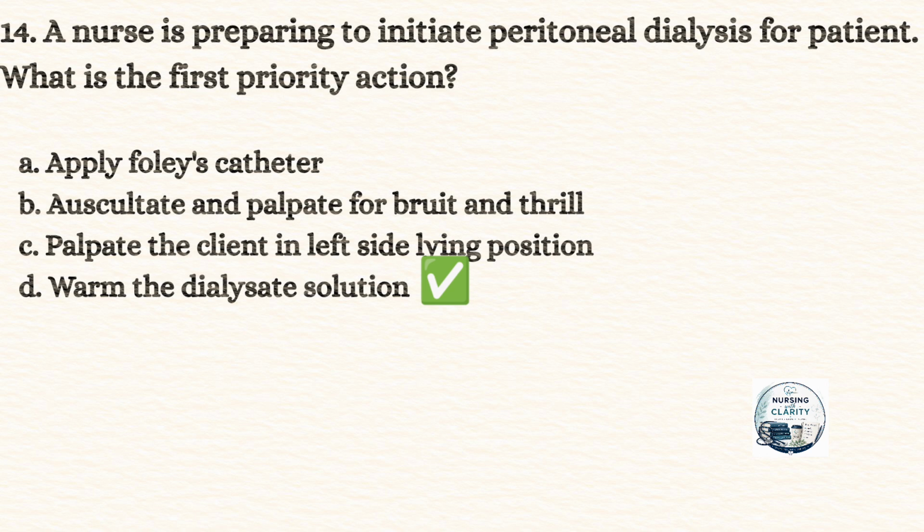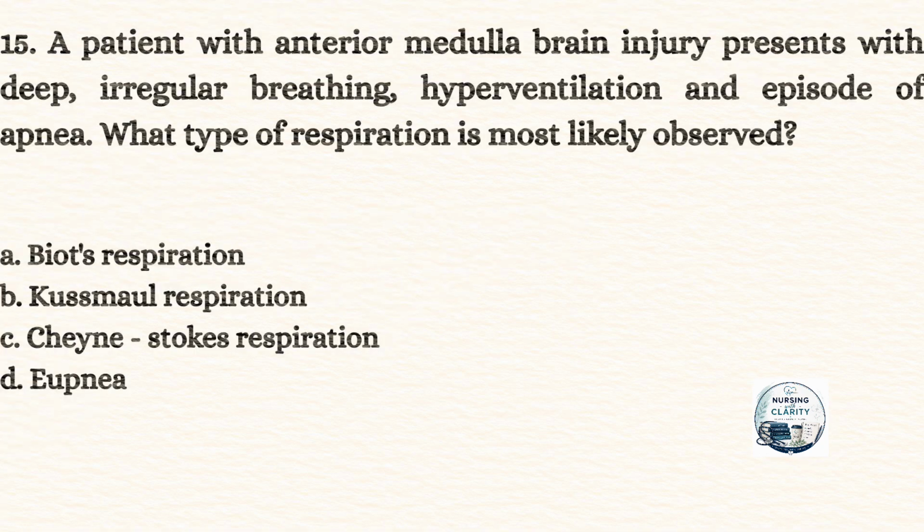Option A, Foley's catheter, is not routinely required for peritoneal dialysis. Option B, bruit and thrill, is relevant to hemodialysis, not peritoneal. Option C, left lying position, may assist drainage but is not the first priority.